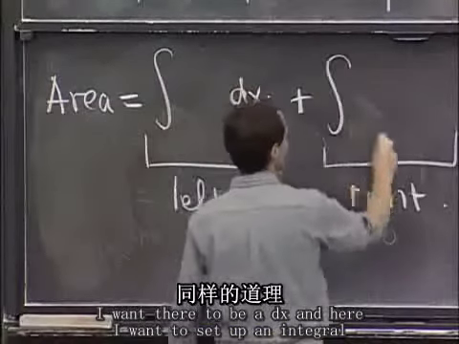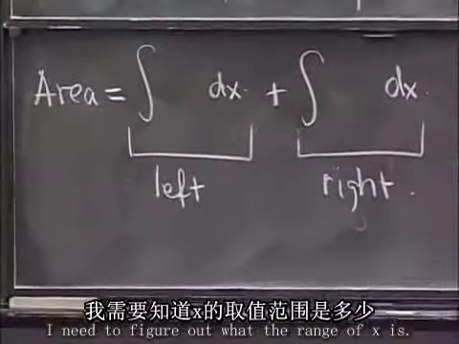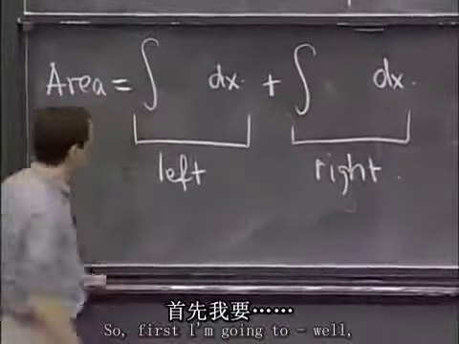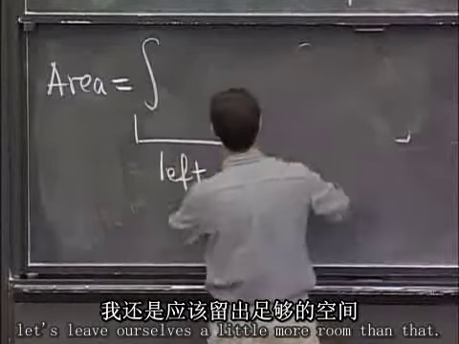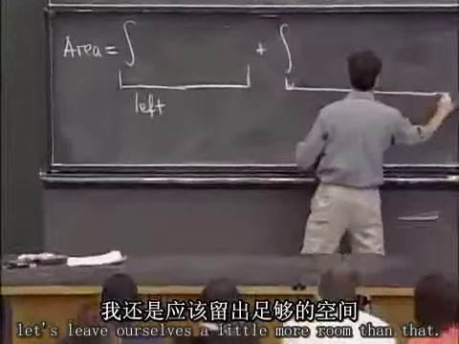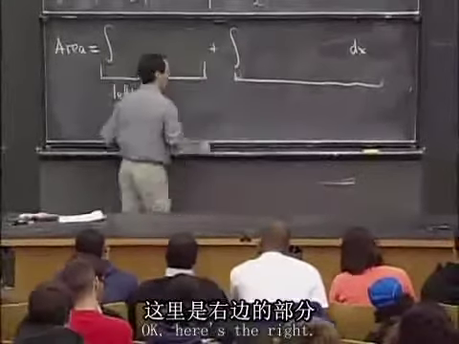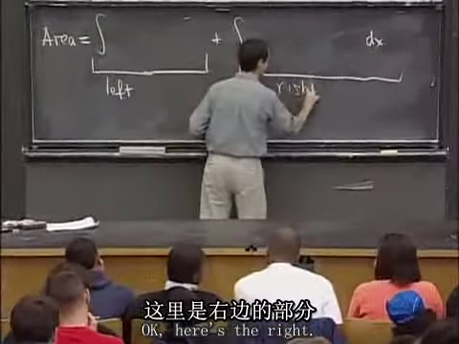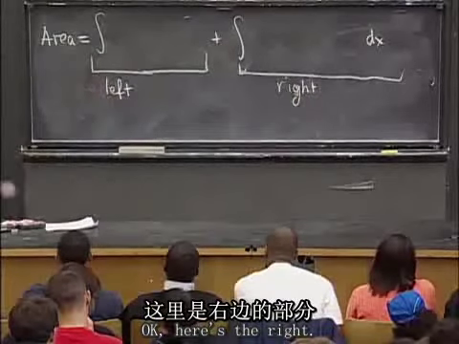I need to figure out what the range of x is. So first, let's leave ourselves a little more room than that. Just to be safe. Okay, so here we have our dx.